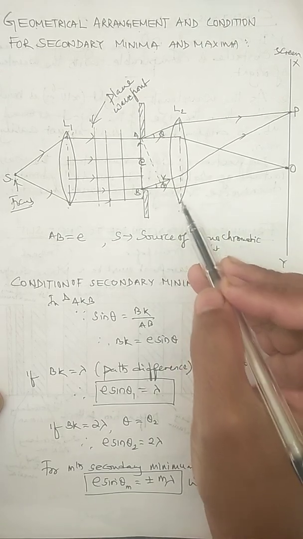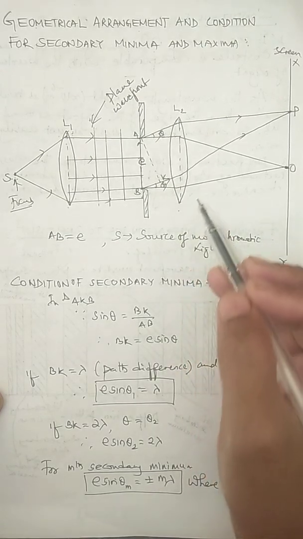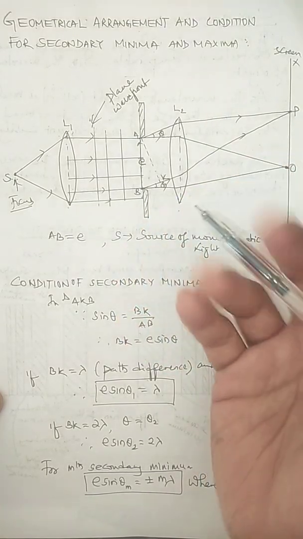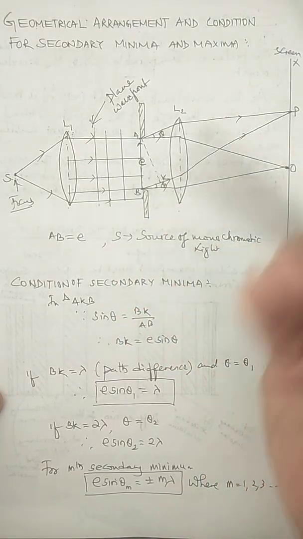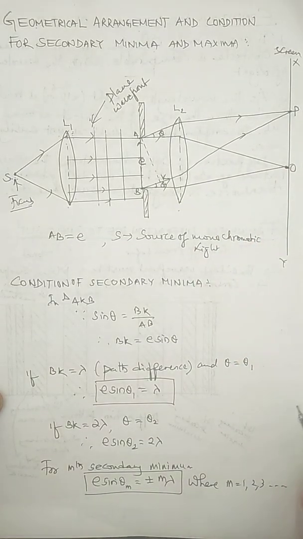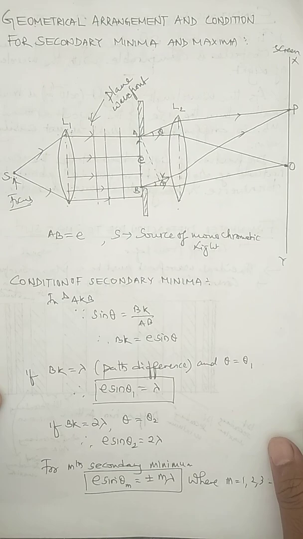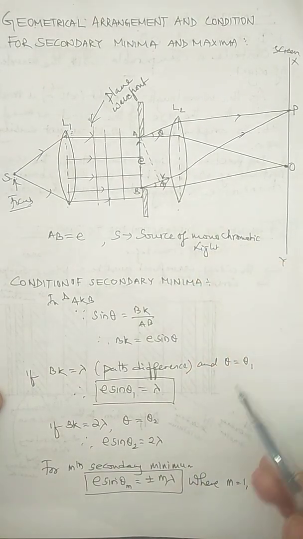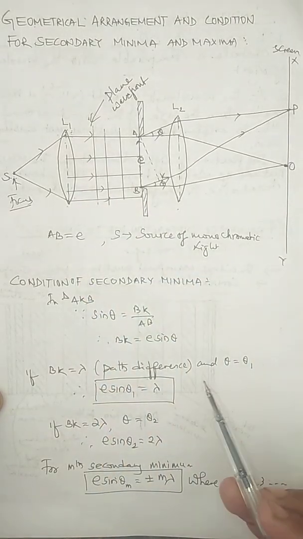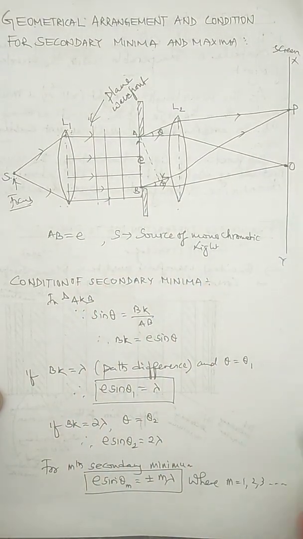This lens is placed to focus the diffracted light on the screen, to be focused on the what? Screen. That's why we are taking another convex lens, that is L2. That's why in Fraunhofer diffraction, remember, how many lenses are used? Two lenses. One is L1, another is L2.